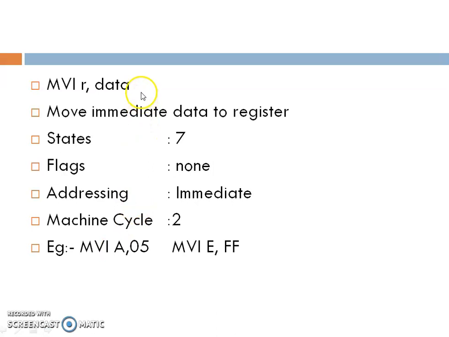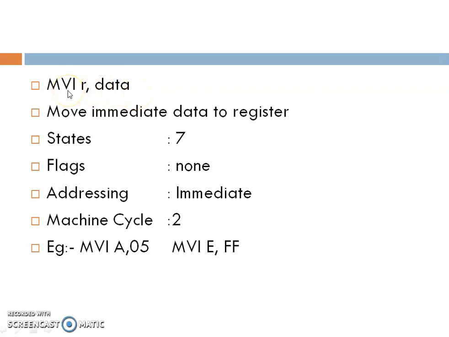MVI R comma data. This instruction means that the specified data is to be loaded into the register. I means immediate, which means that the data is specified next to the opcode.